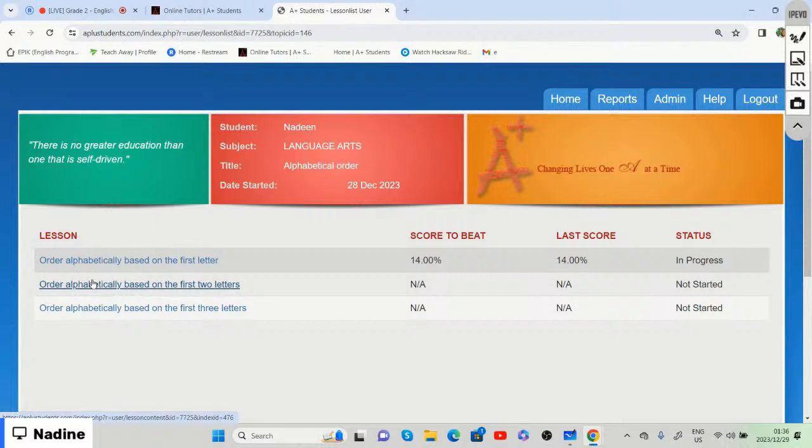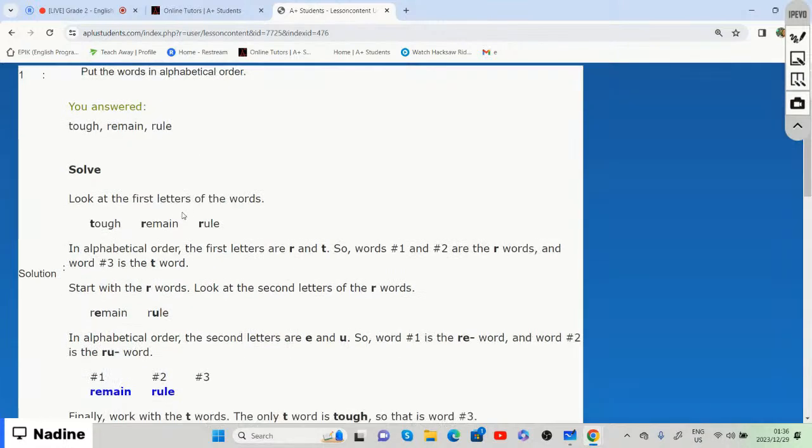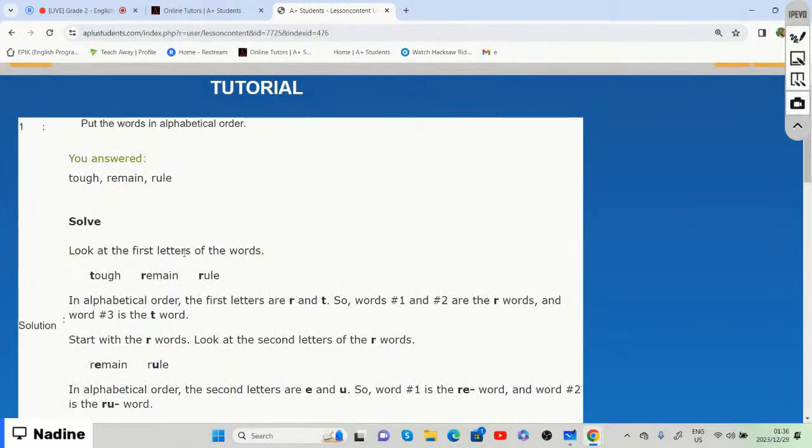So now we're going to order alphabetically based on the first two letters. So we have tough, remain, rules.